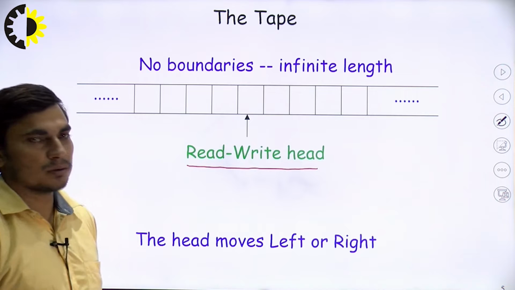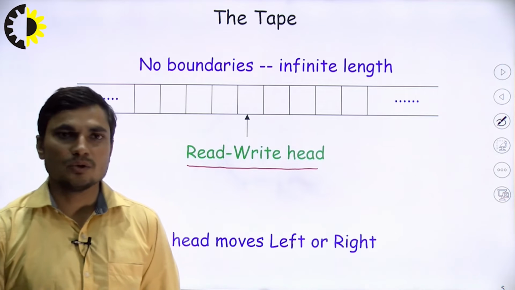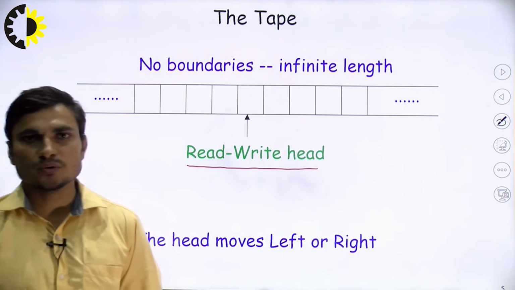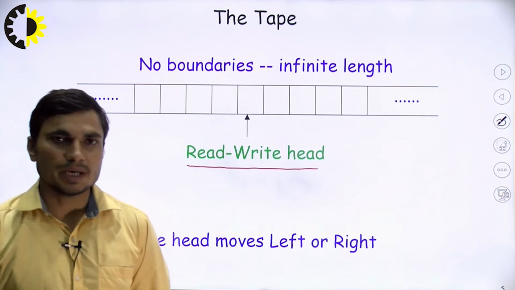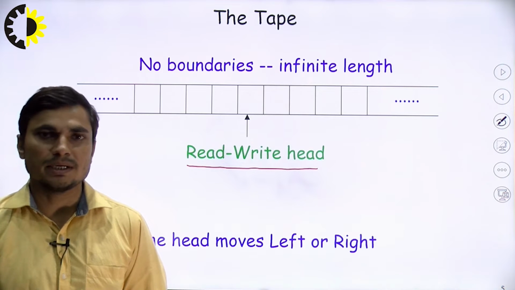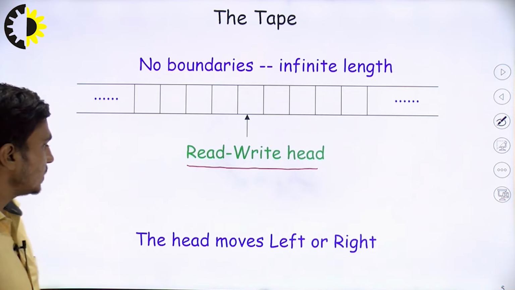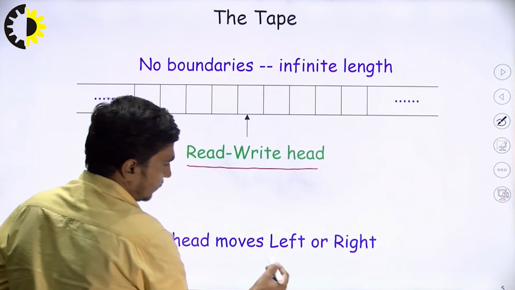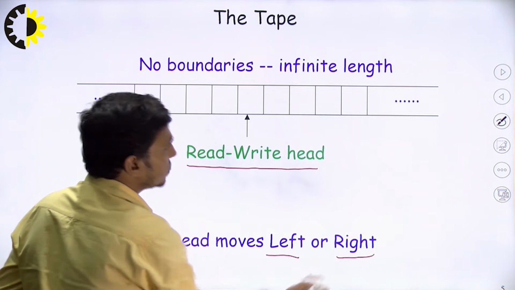In the earlier machines there was no such thing as a read write head, and the head was only moving in one direction, from left to right. But in a Turing machine, the read write head can move to the left side as well as the right side.